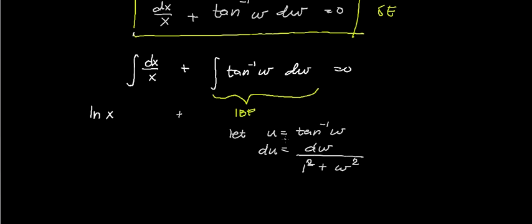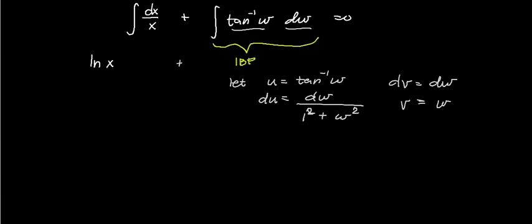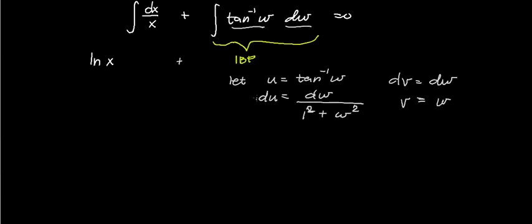And then if we let this be our u, then this is our dv, dw. For the integral of this, we have v, which is w. Then using integration by parts, we have uv minus the integral of v du.